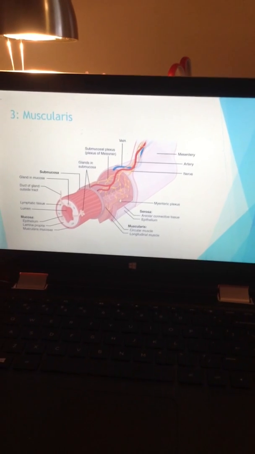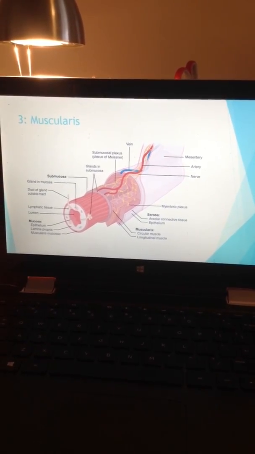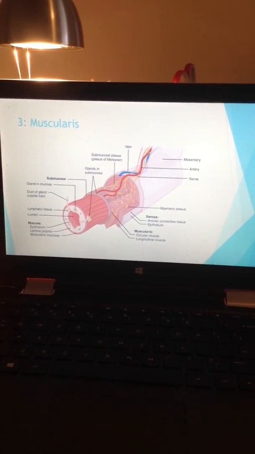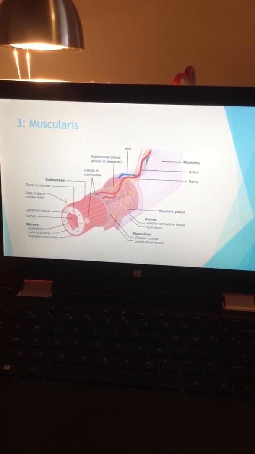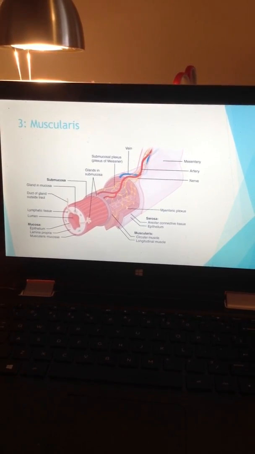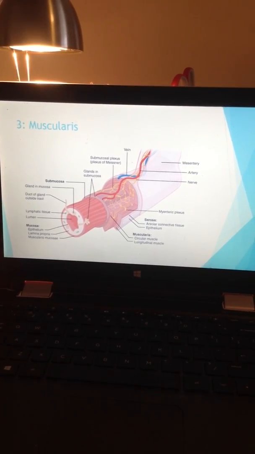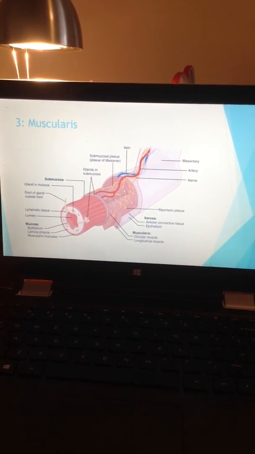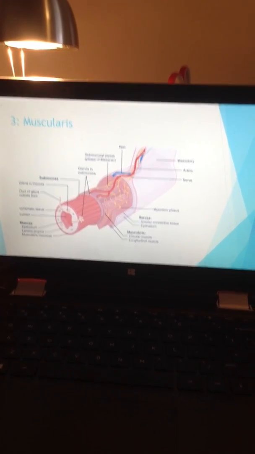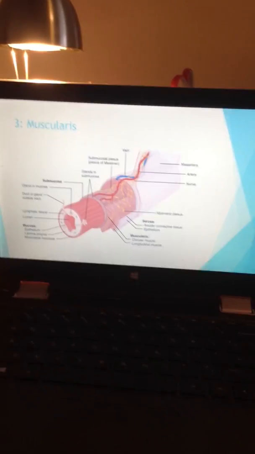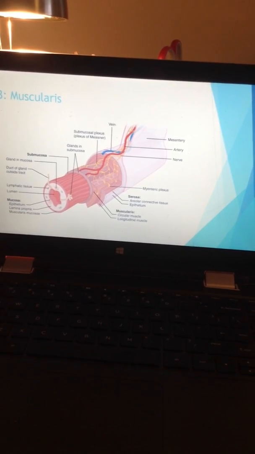The muscularis consists of 2 layers of smooth muscle, the inner circular layer and the outer longitudinal layer. It contains a second nerve plexus, the myenteric nerve plexus, which controls the contraction of these layers and their ability to generate peristalsis, which are contractions that propel food through the tract down to the stomach.